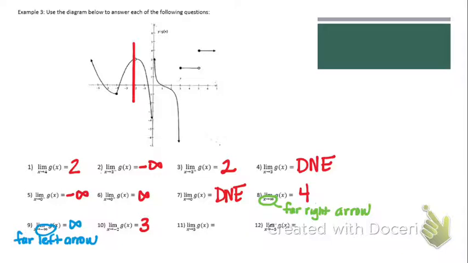All right, now let's look at x equals 5. I'm going to have you do that one. See if you can figure out the answer to x equals 5. Or as x approaches 5, I should say.